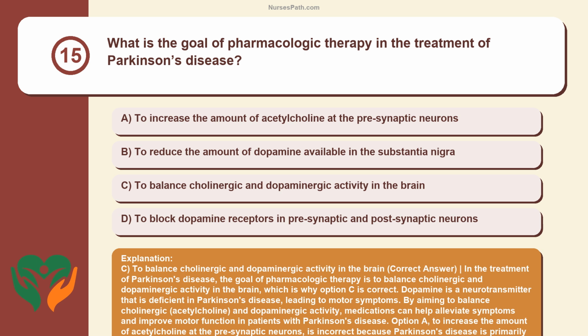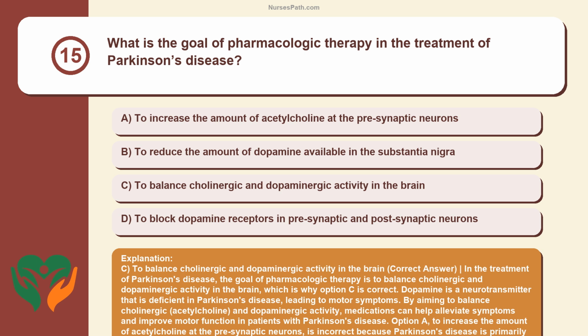Option D, to block dopamine receptors in presynaptic and postsynaptic neurons, is not aligned with the treatment approach for Parkinson's disease, which focuses on enhancing dopamine activity rather than blocking it. Educationally, understanding the goals of pharmacologic therapy in Parkinson's disease is crucial for pediatric nurses caring for patients with this condition.